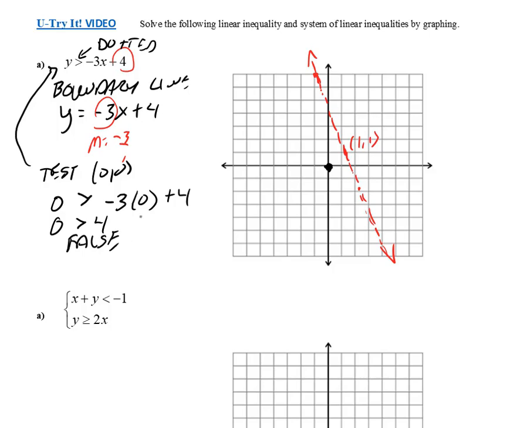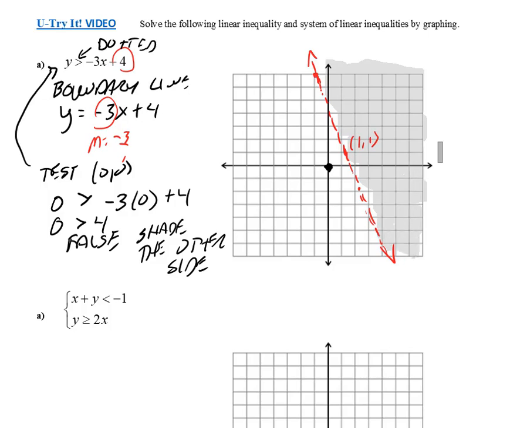So what that means is (0, 0) is on the wrong side of the line. So we'll shade the other side. I'm just going to use a highlighter, but we're just going to shade in the left side of this line. And the boundary line with the shading would be our solution.